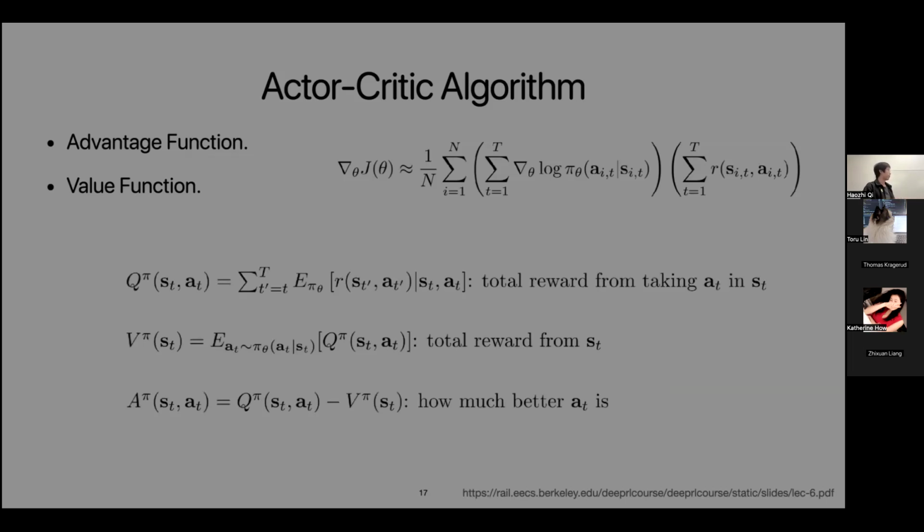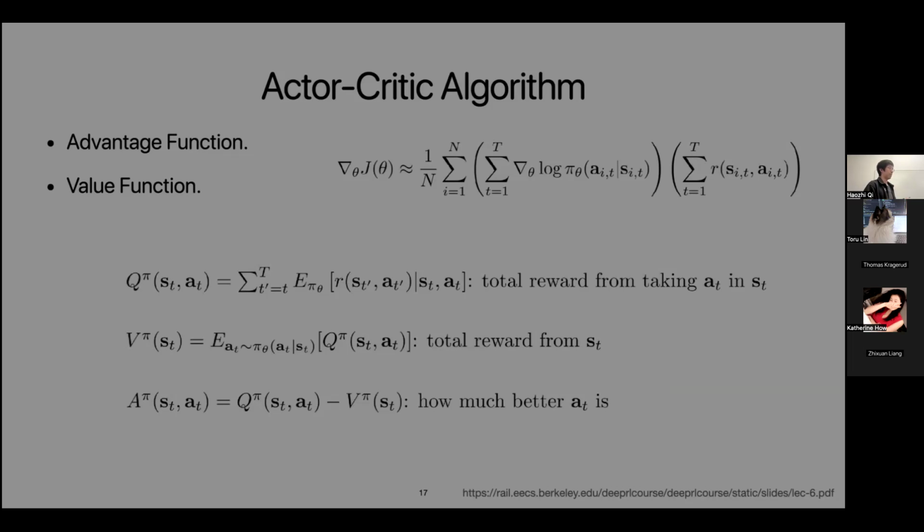And the value function is defined on top of Q functions, which measures the goodness of the state instead of the actions. The way it is calculated is that you consider all possible actions generated by your policy and evaluate a weighted summation of all of them. After we have these two quantities, we can define the advantage function.